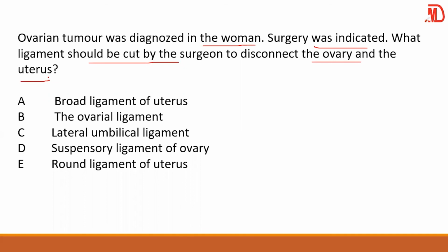It is also called the proper ovarian ligament, and this connects the ovary to the lateral surface of the uterus. So over here, we are looking at the ovarian ligament.